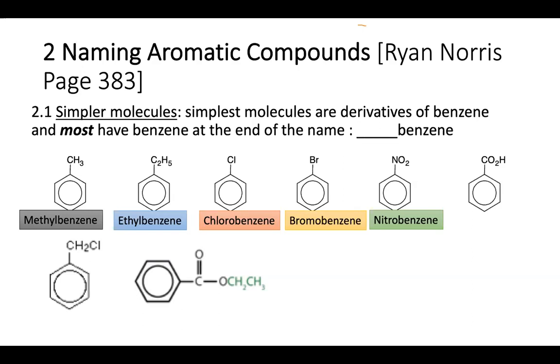We call it, you may have heard of it before or may not, we call it a benzoic acid. Okay, so that's a little bit different where it doesn't end with benzene. Okay, so please make sure you copy this down.